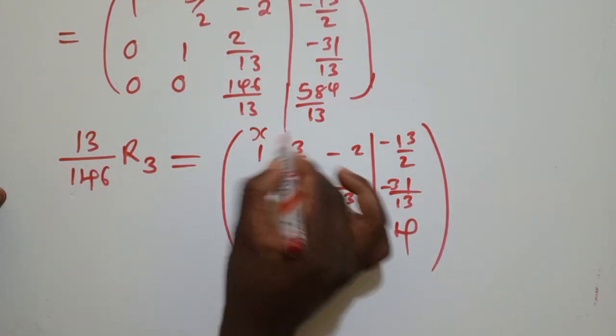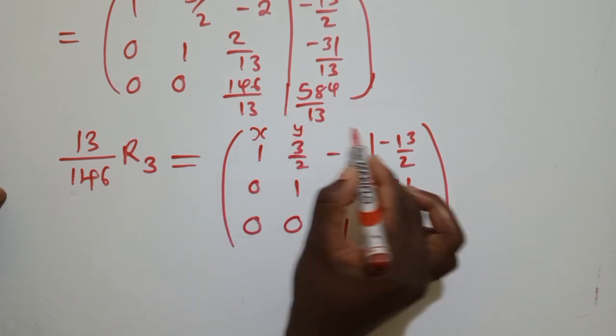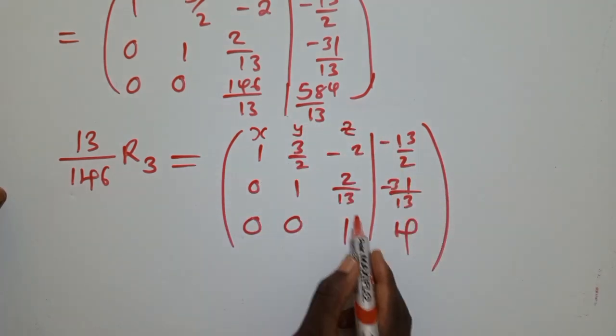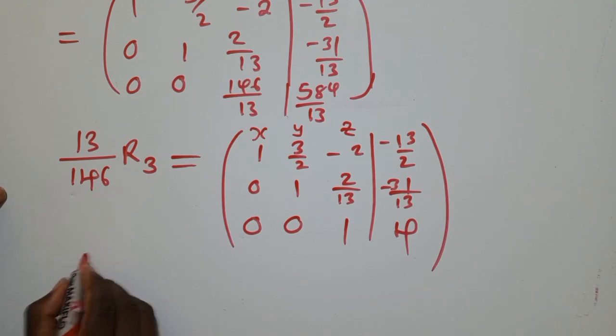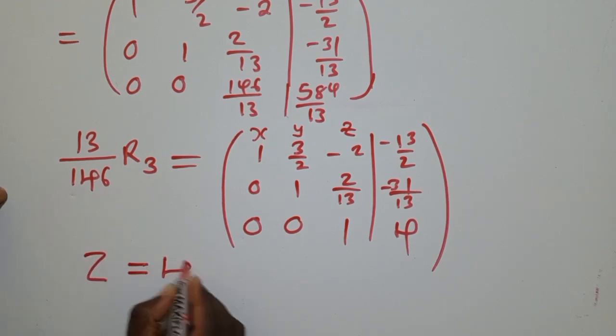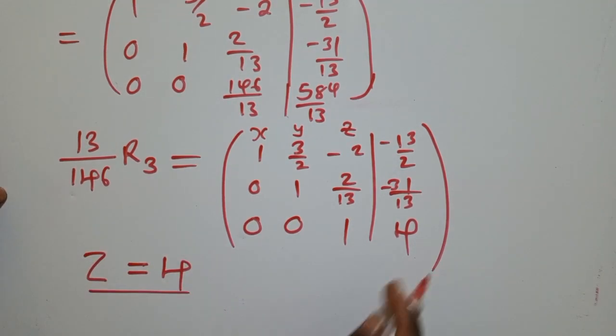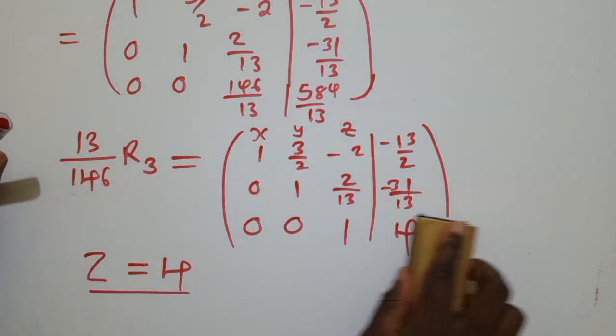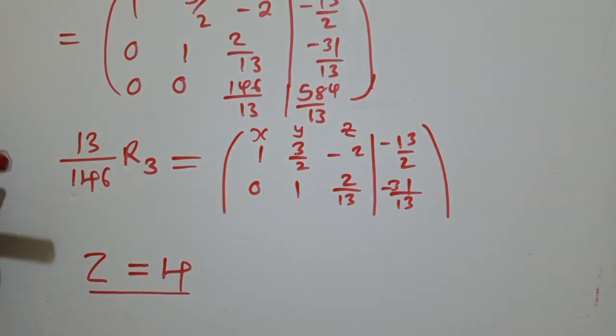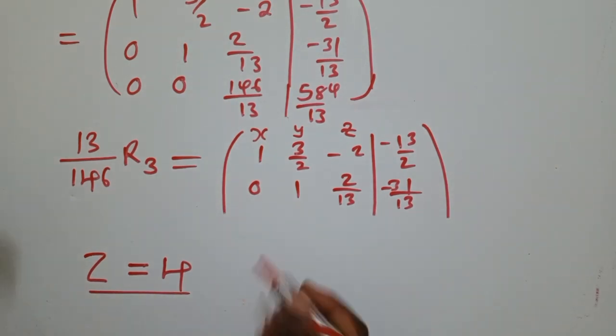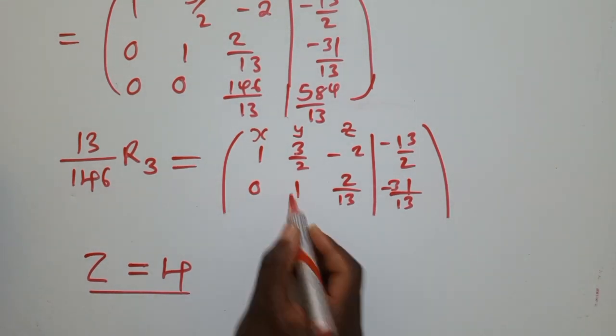So since this is x, this is y, and this is z. So since z here, we have a 1, we can say z is equal to 4. So the value of z is 4. Okay? So we've gotten that. We can even forget about this row. We come to the next row. The next row, forget the 0, get y.